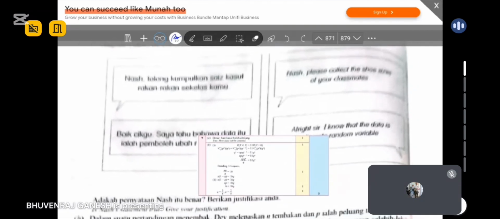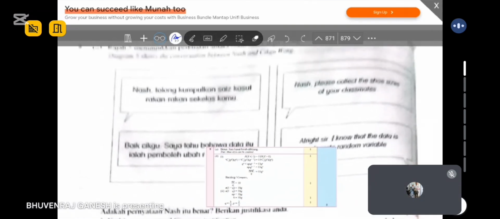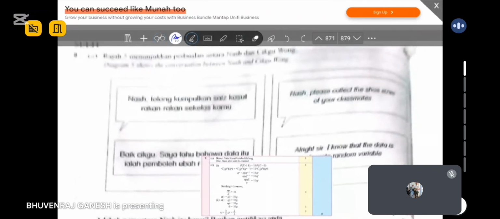They can ask you factual questions, so be prepared. So now you have to read the situation. They say he asked this person to collect the shoe size of the classmates, and I know that the data is a random variable. So this is the concept over here.